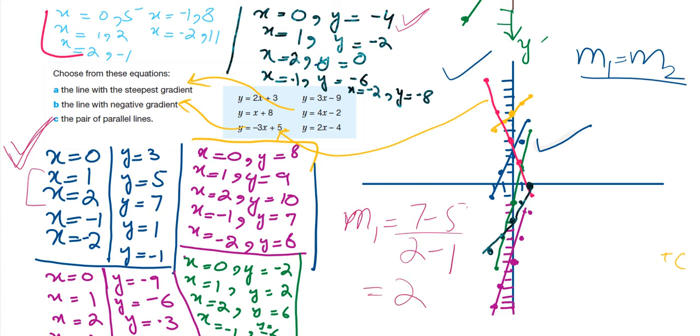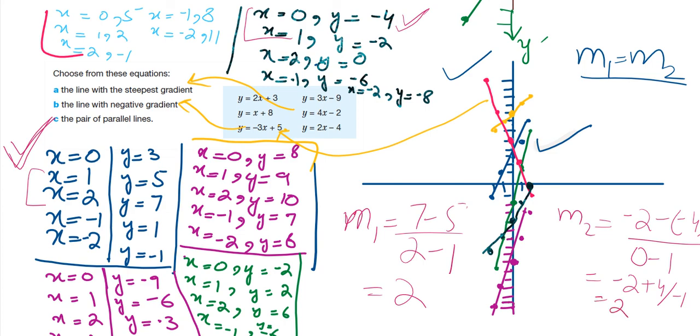Yeah, and now let's find the value of m2 by using these two points. Alright, so minus 2 minus 4 over 0 minus 1. Yeah, plus 4 over minus 1. So at the end we get 2 over here.